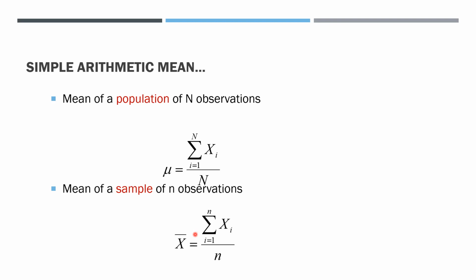Sometimes you may want to calculate the weighted mean, geometric mean, harmonic mean. Those are some other types of means, and the formula is somewhat different from this. Right, so if you want to note down these things, you can do it now.